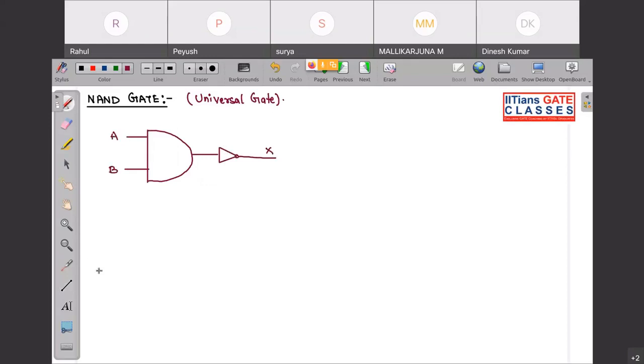Or if I want to draw the symbolic representation, it is something like this. Okay, there is a bubble. This is a bubble. Okay, bubble means what? It is basically indicating that it is getting complemented.